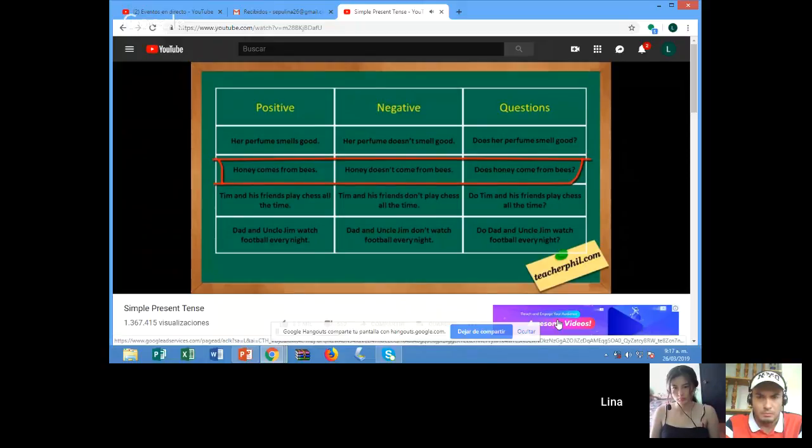Honey doesn't come from bees. Does honey come from bees? The third one: Tim and his friends play chess all the time. Tim and his friends don't play chess all the time. Do Tim and his friends play chess all the time? The last one: Dad and Uncle Jim watch football every night. Dad and Uncle Jim don't watch football every night. Do Dad and Uncle Jim watch football every night?